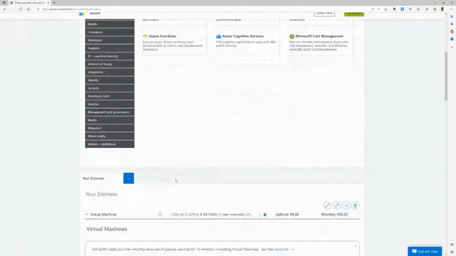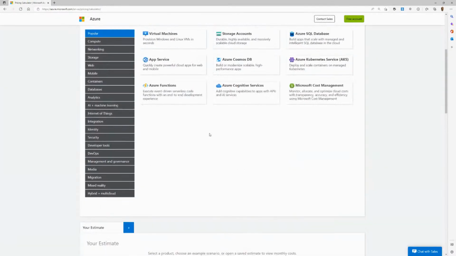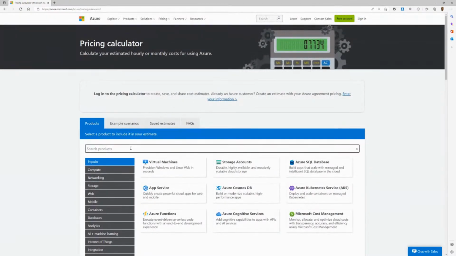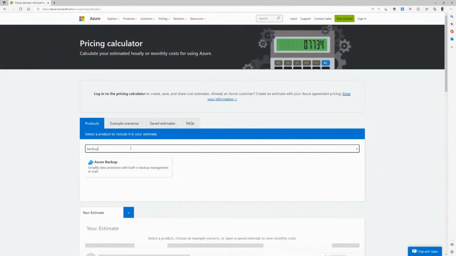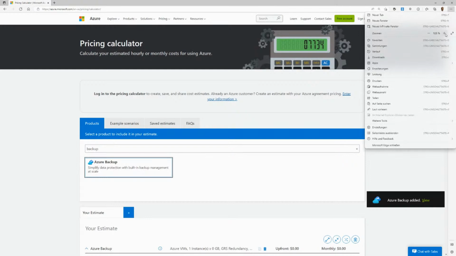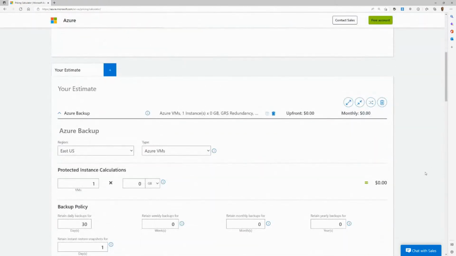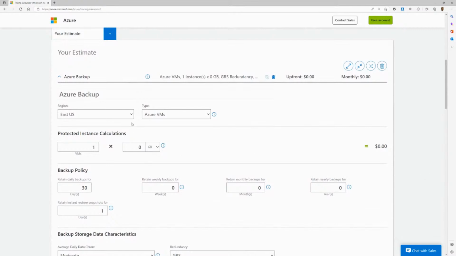Because let's have a short look at the pricing calculator on the Azure website. We talked about backup. And Azure Backup is an easy, cost-effective service. It's very easy to implement together with Windows Server and together with Azure Stack HCI.